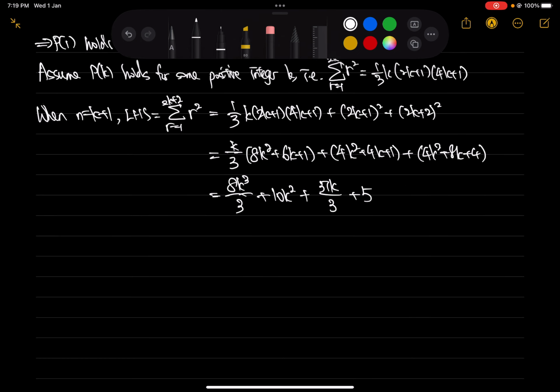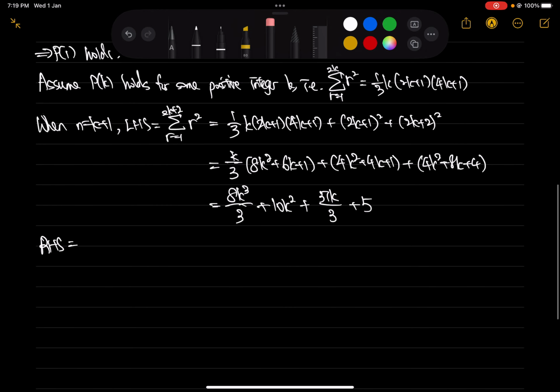So let's start from right hand side this time around.